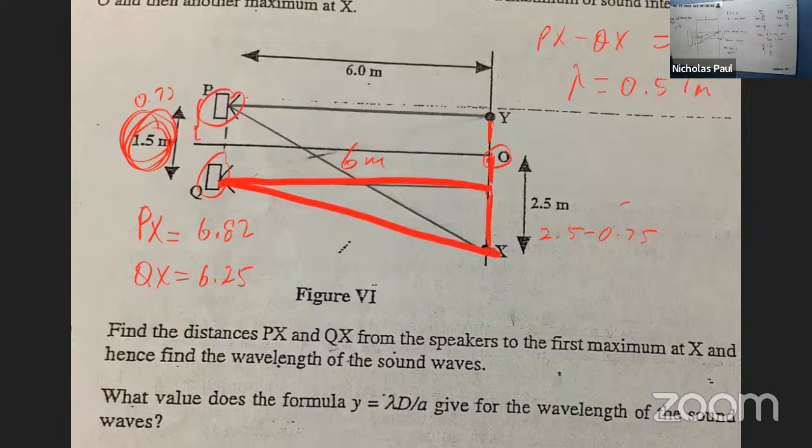So the path difference would be lambda, right? Why again? Why would the path difference be lambda, Shavish? When you subtract PX and QX, why would the answer be lambda?